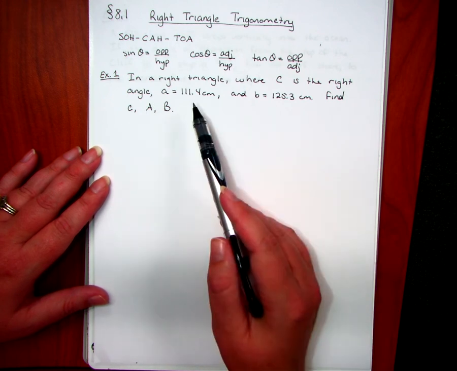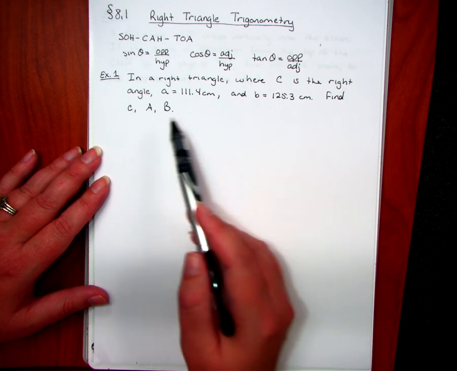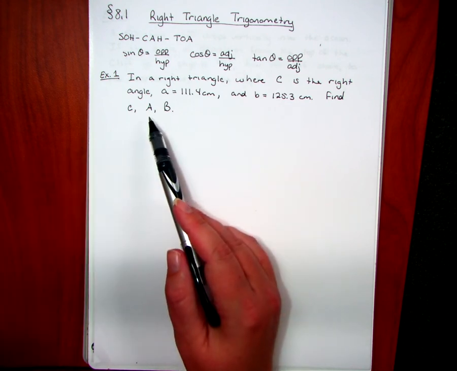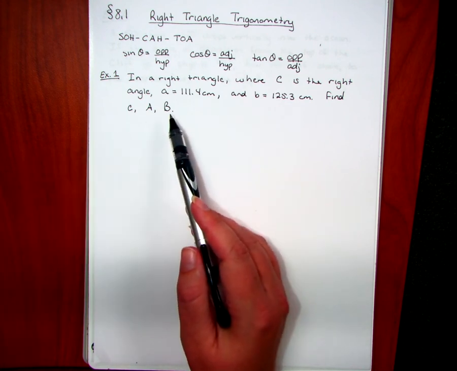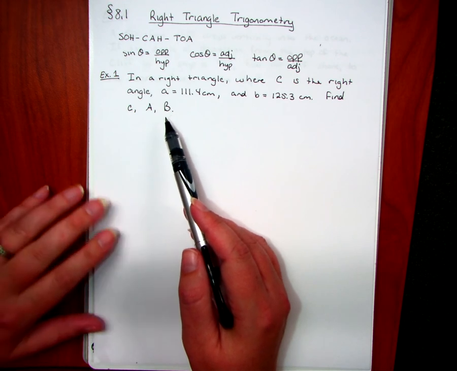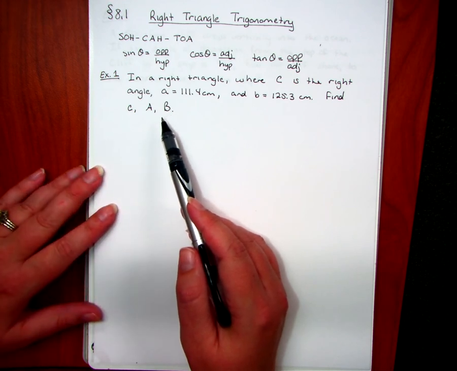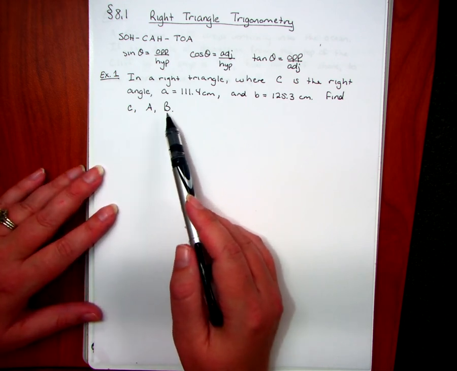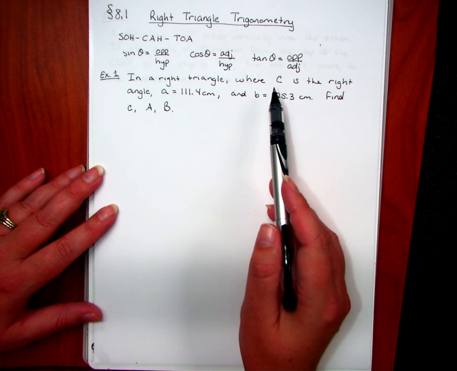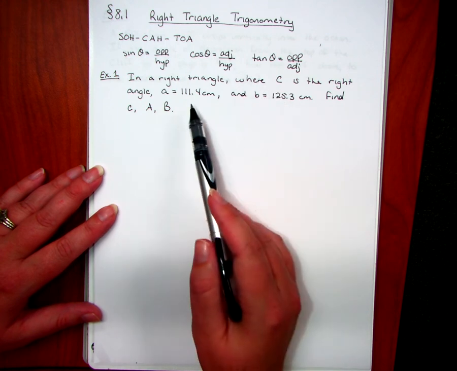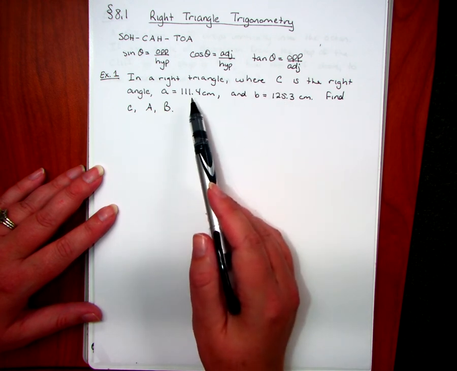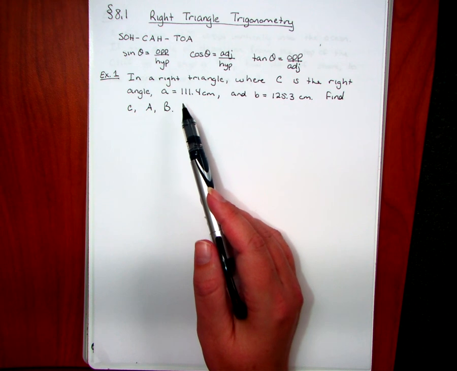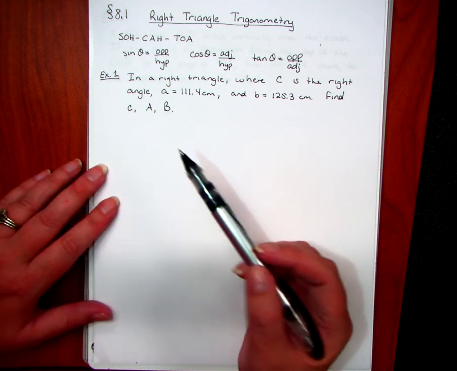So depending on where we place little a and little b, that's going to dictate where angle A and angle B are. So just as a general rule of thumb, the angles are going to be labeled with capital letters, and the sides opposite those angles are going to be labeled with the corresponding lowercase letters.